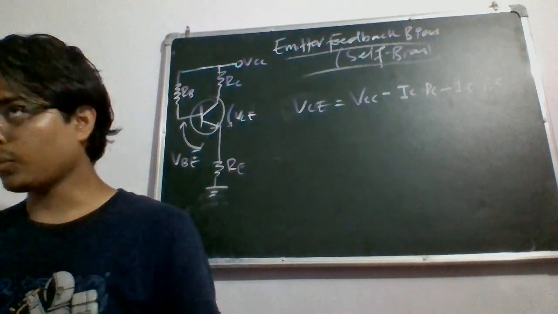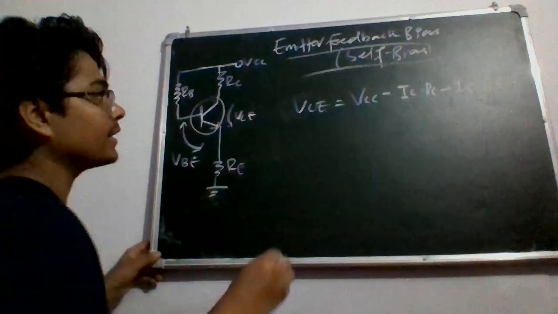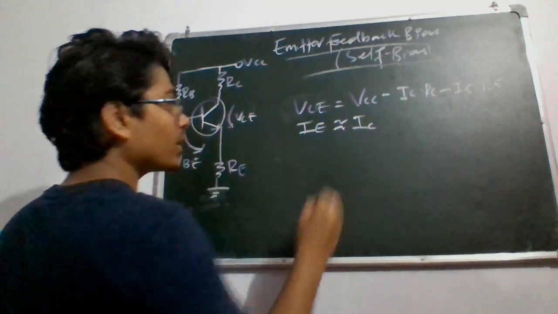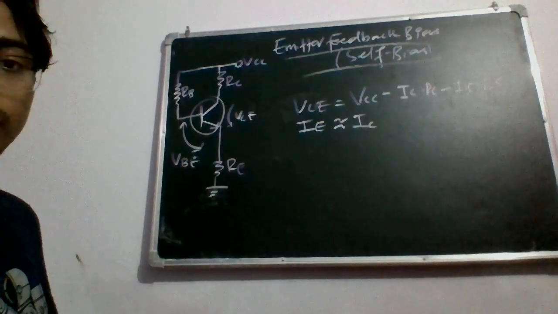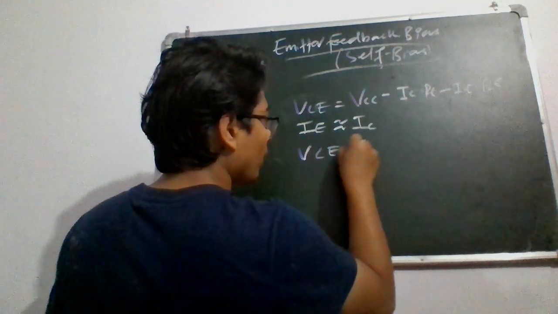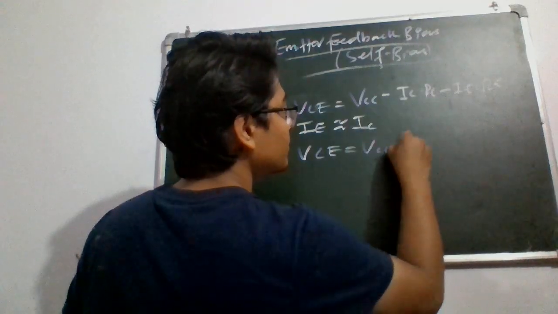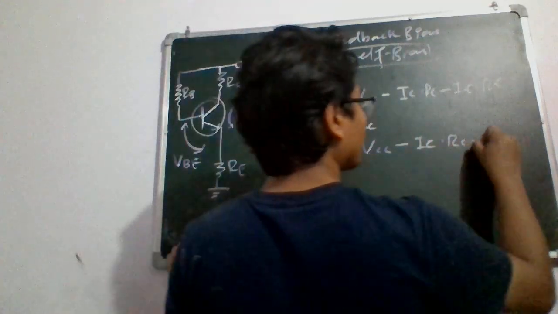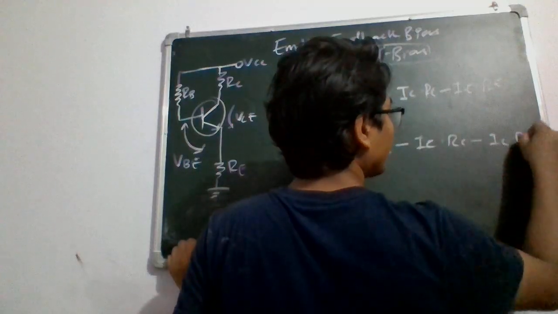Similarly, we know that the emitter current IE is nearly equal to the collector current, so we can say VCE equals VCC minus ICRC minus ICRE.